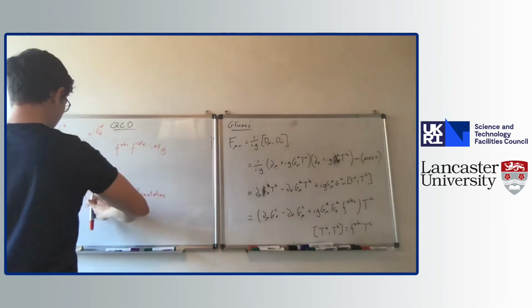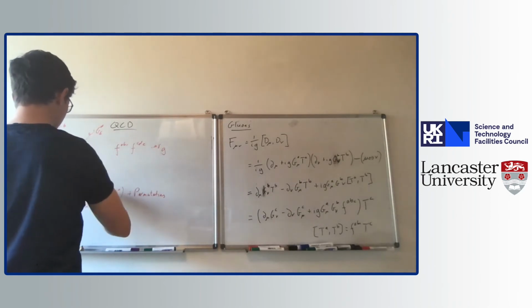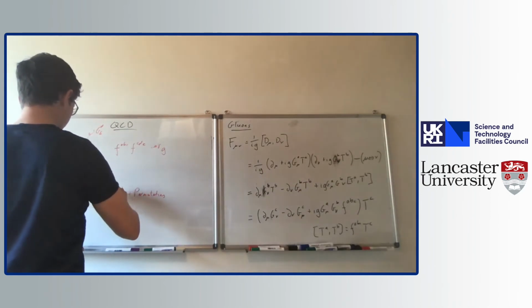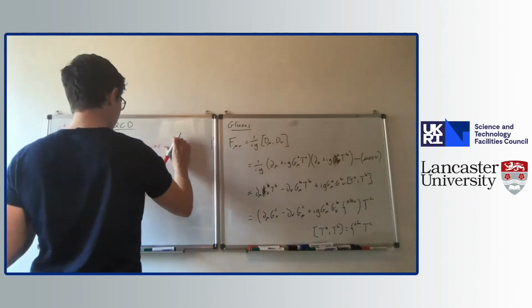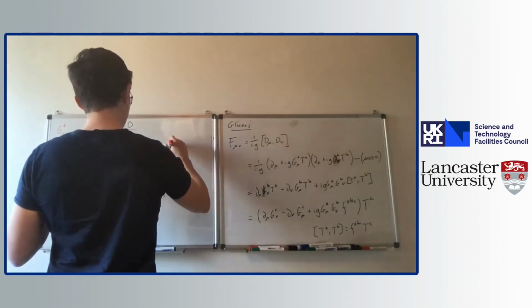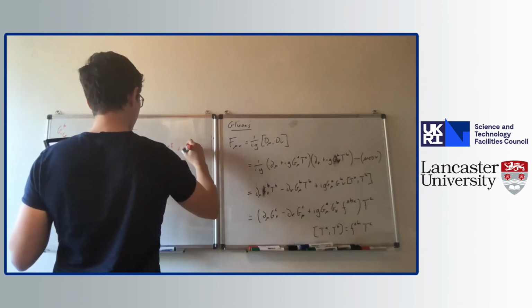Let's call these things eta. These are just the Minkowski metric. Eta mu, and eta mu delta, and then you sum again over permutations.